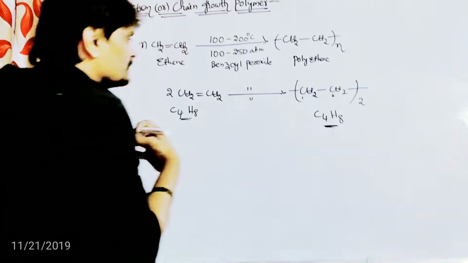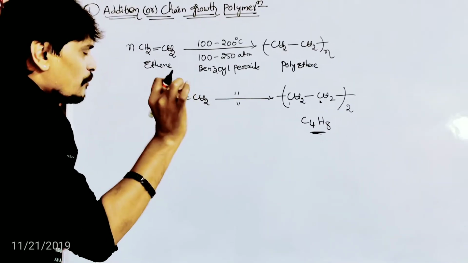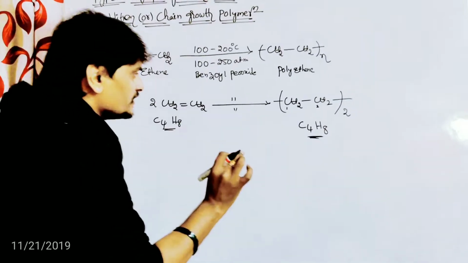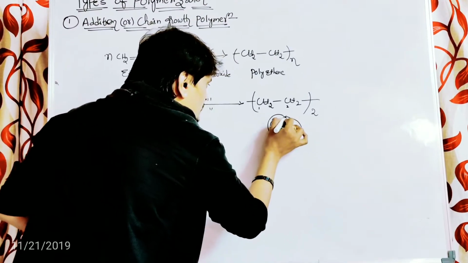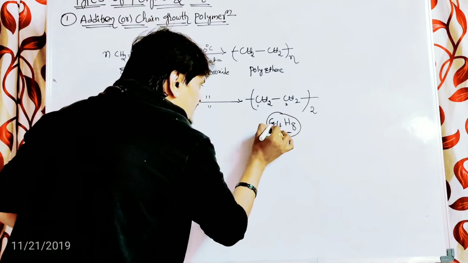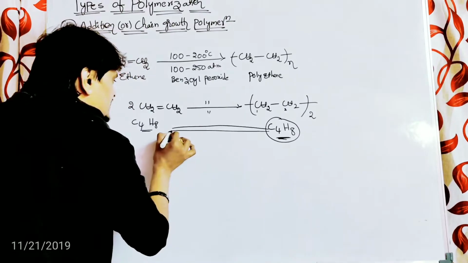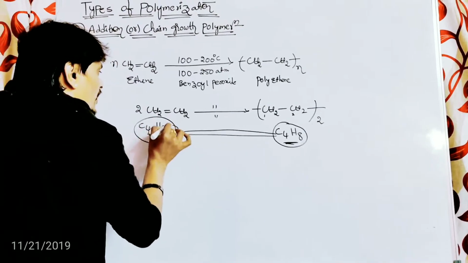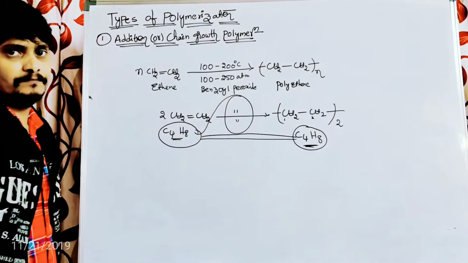That is, during addition or chain growth polymerization, the polymer which is produced has a molecular weight exactly equal to the molecular weight of the monomeric units participating during the polymerization.